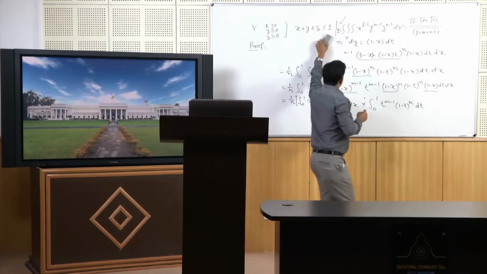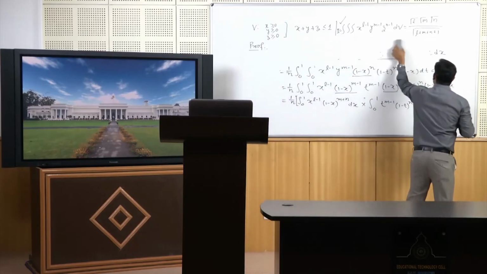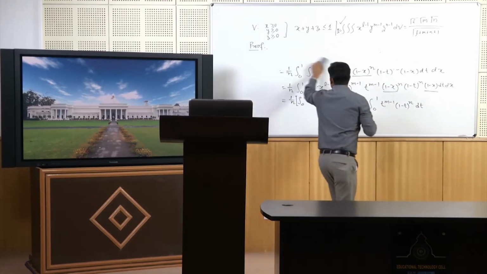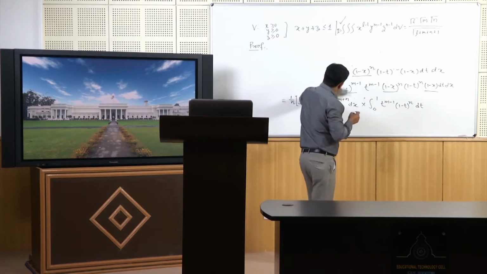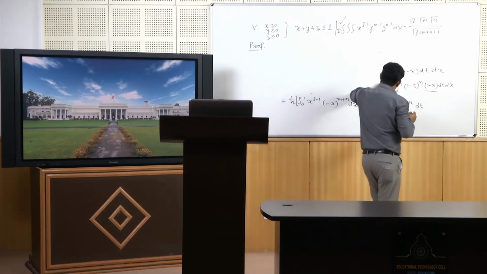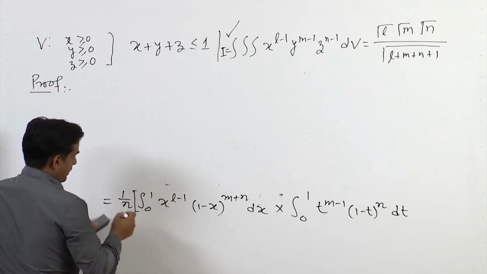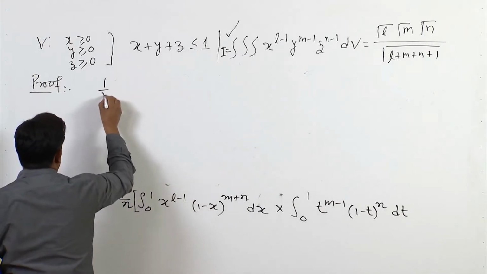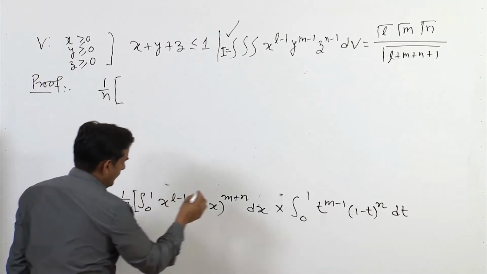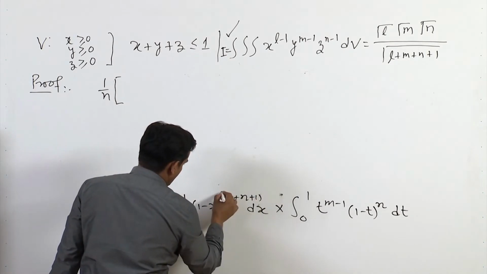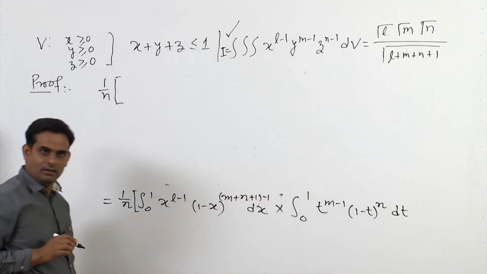dt. Now, we will try to write these two integrals in terms of beta function, and then from beta functions I will try to obtain the results in terms of gamma function. So, now from here 1 by n, if you look at this, I can write this m plus n plus 1 minus 1.